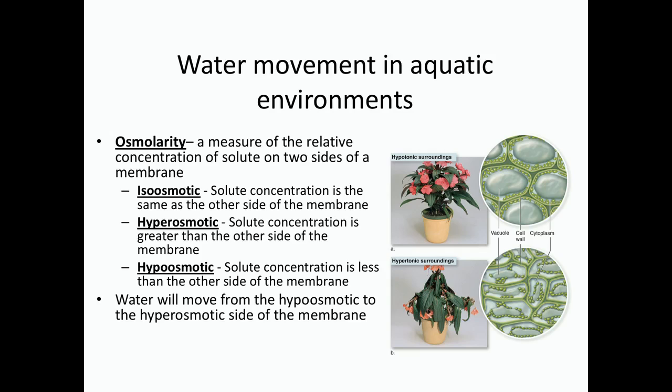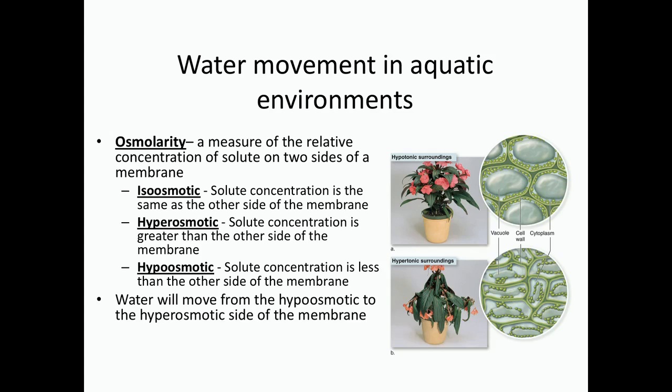Water is going to move from the side with a lower solute concentration, therefore higher free water concentration, to the side that is hyperosmotic, so higher solute or lower free water concentration. So water moves from an area that is hypoosmotic into an area that is hyperosmotic.